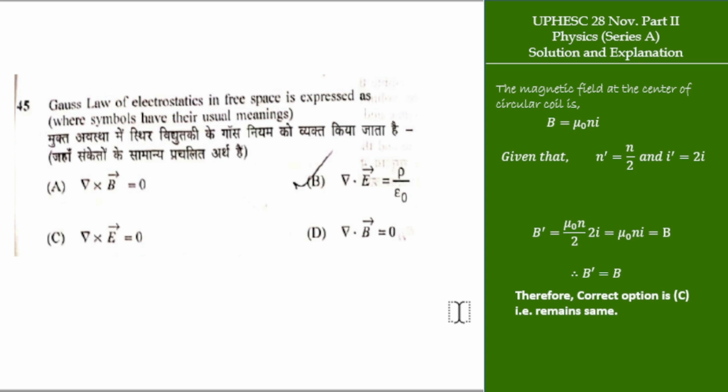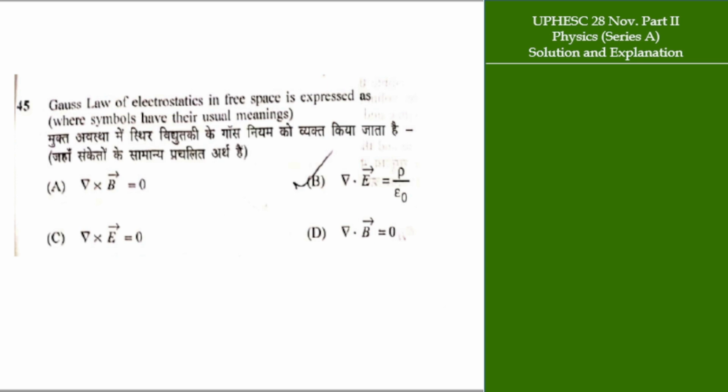In the next question, question number 45, they have asked about Gauss law in electrostatics in free space. So in the given options, two options, A and C, are related to the curl of the magnetic field and electric field, while Gauss law represents the divergence, not curl.